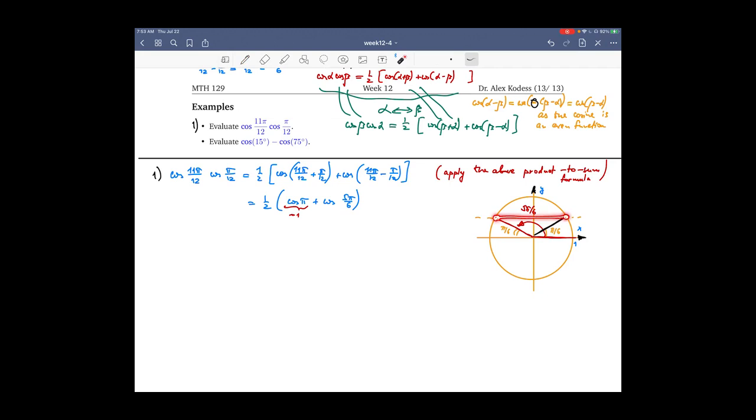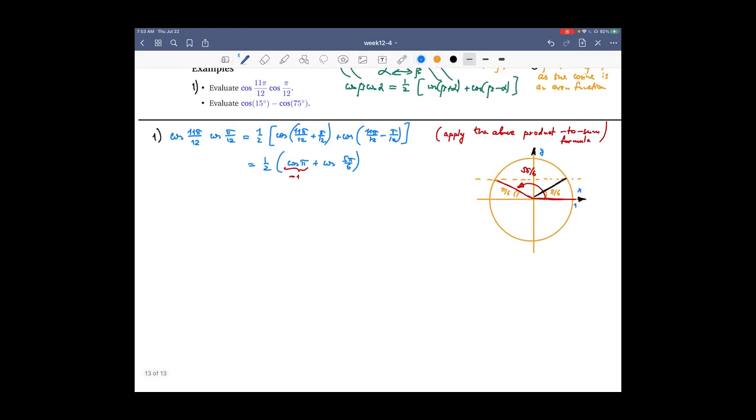These 2 points have equal y coordinates but opposite x coordinates. So cosine of 5 pi over 6 simply is negative cosine of pi over 6, and cosine of pi over 6 we know is root 3 over 2.